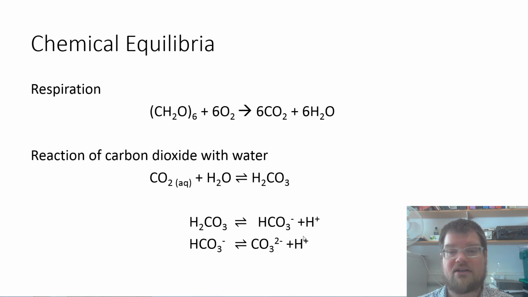So we have this series of equilibria, backwards and forwards, and these carbon species will be constantly changing between one form and another. But at any one point, there will be different proportions of CO2, of carbonic acid, of bicarbonate and of carbonate ion. Now the relative proportions of those depend on the positions of each of the equilibrium reactions.